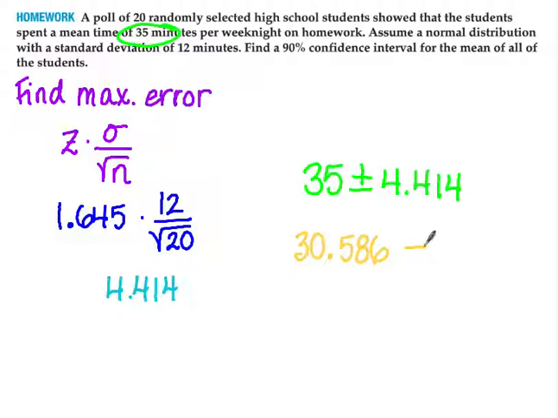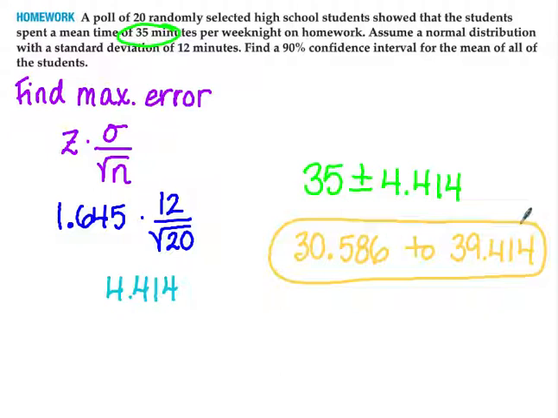What's my next one going to be? There you go. So here's the confidence interval. That's it. It's the exact same thing we've been doing, we're just adding and subtracting it from the mean. Questions? Pretty straightforward. Okay, let's look at the next one.